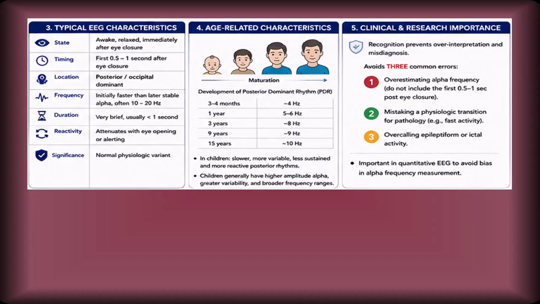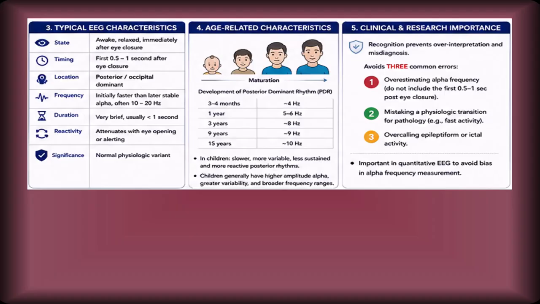Around 9 years of age, it becomes approximately 9 Hz, and by adolescence reaches about 10 Hz. Because alpha squeak reflects transient acceleration of the posterior rhythm, it may be more conspicuous in children and adolescents, while the posterior dominant rhythm is still maturing. Children generally demonstrate higher alpha amplitudes, greater variability, and broader frequency ranges compared with adults.